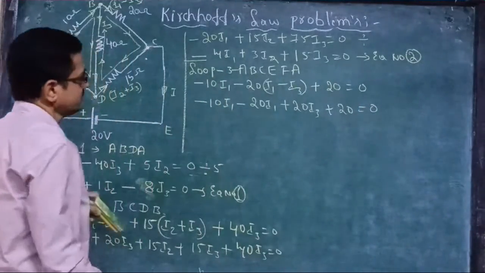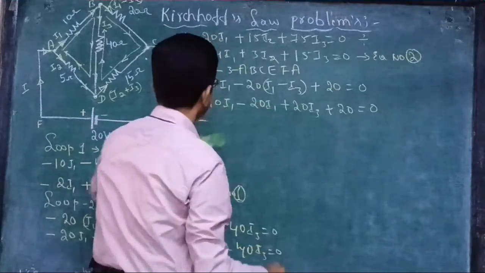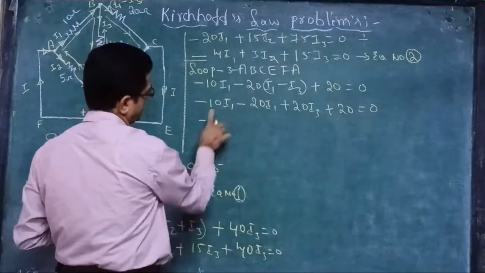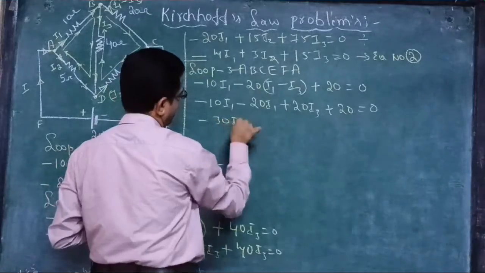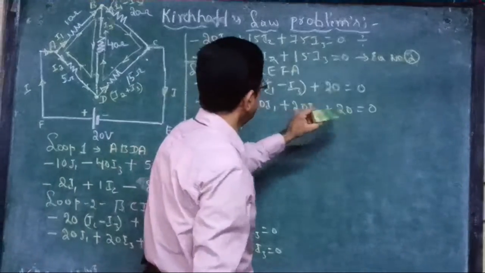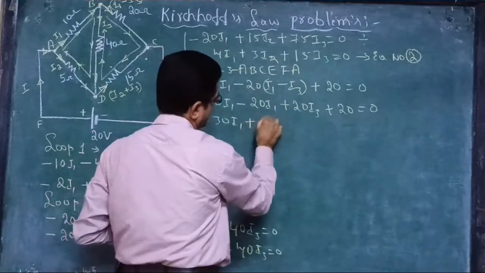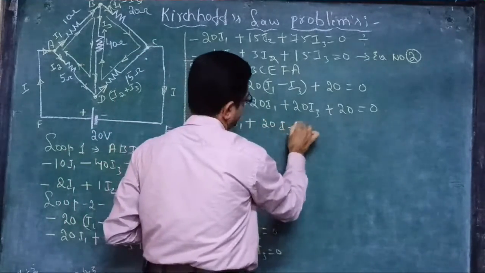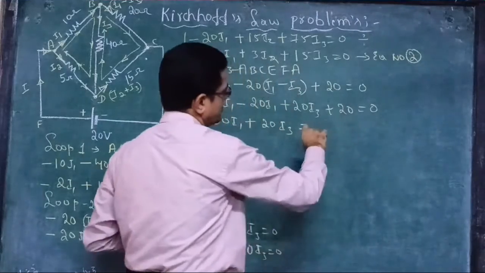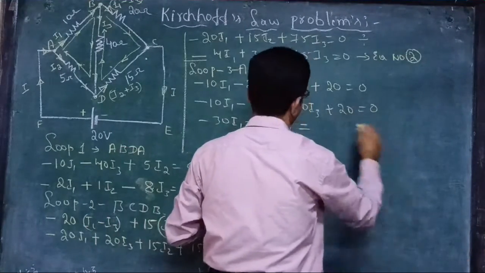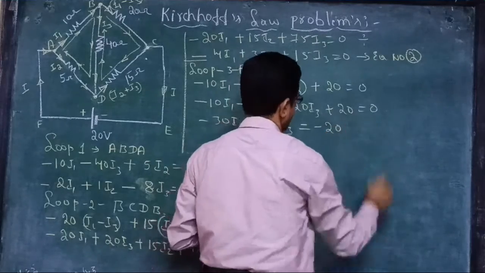Okay. Here, how much I1 is there? Here 2, so that means minus 30 I1. How much I2? There is no I2. So then we take plus 20 I3. Okay, this 20 will be taken to the right side, so the sign will change: minus 20.